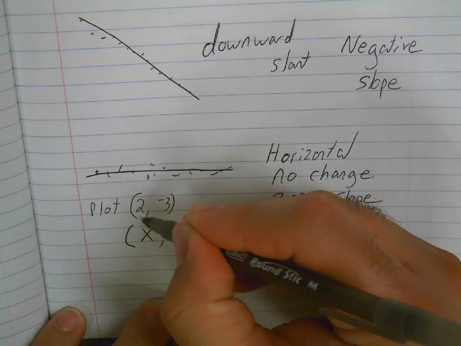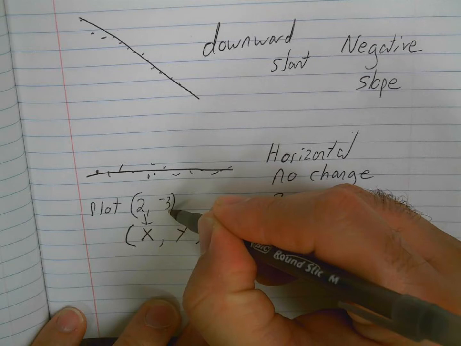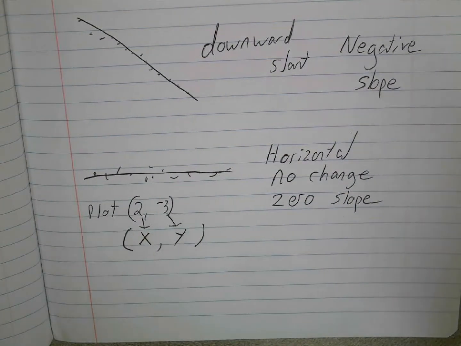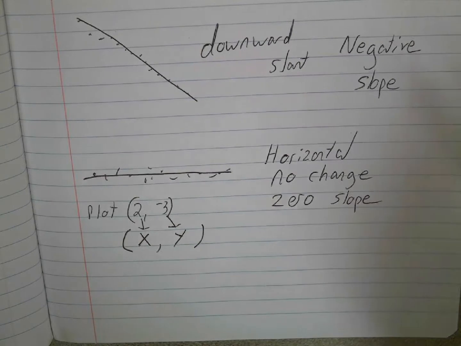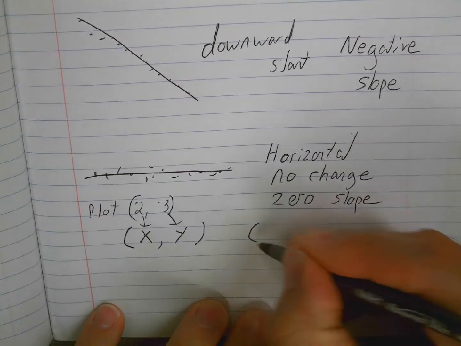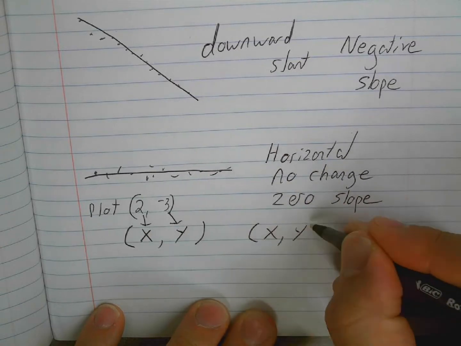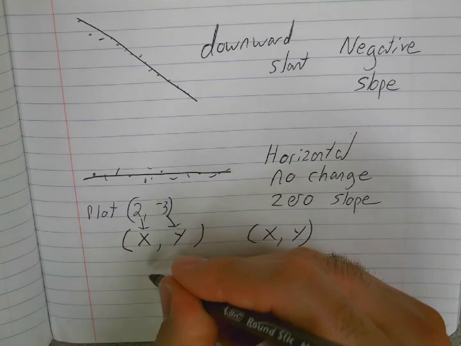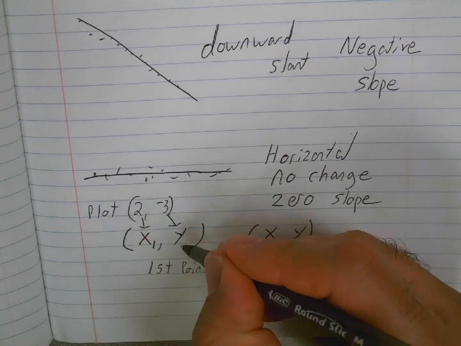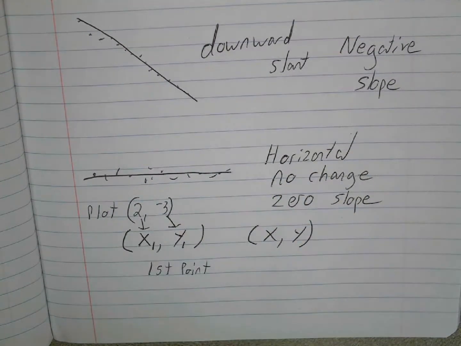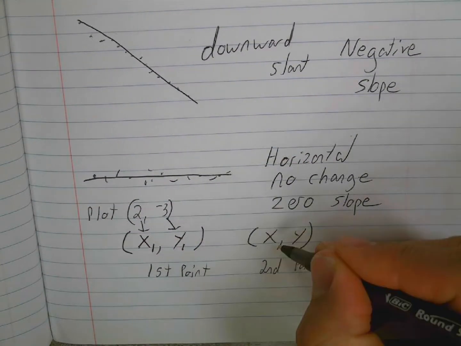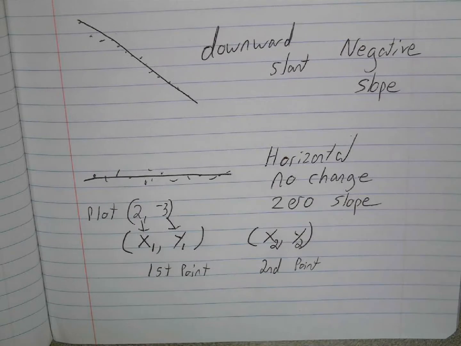Well, the 2 is my X, and that second number, -3, that's your Y. So if I have 2 points, Euclid said the distance between 2 points is a straight line. If I have 2 points, I'm going to have a second X and a second Y. So this first point will be my X1, Y1 for the first point. And the second point, that second point we're looking at would be my X2, Y2.